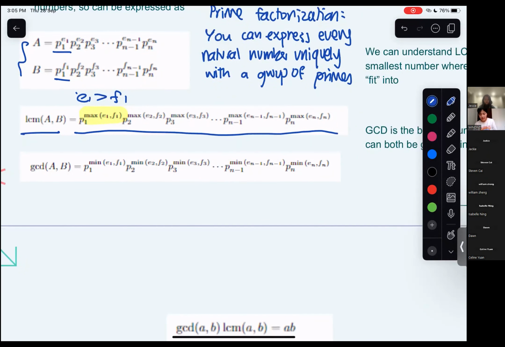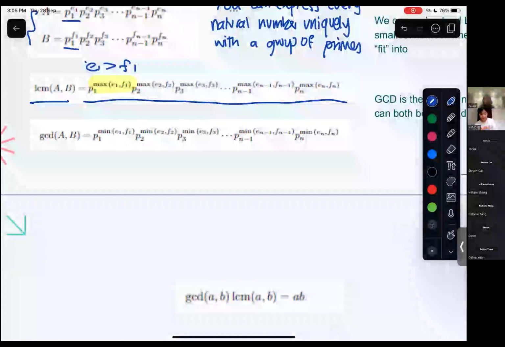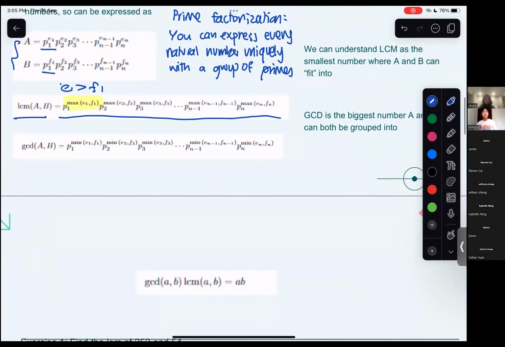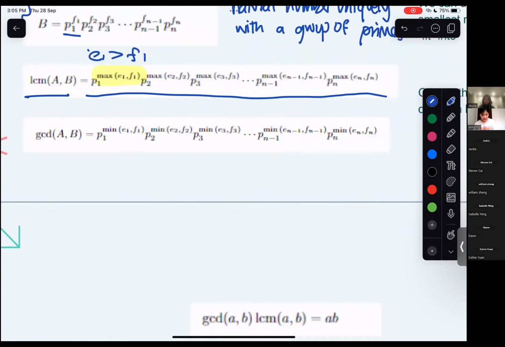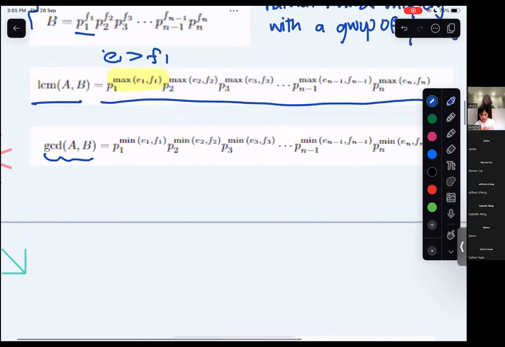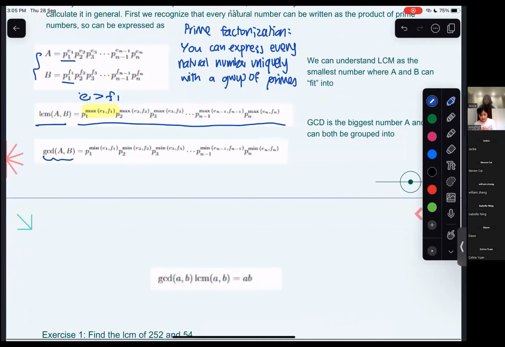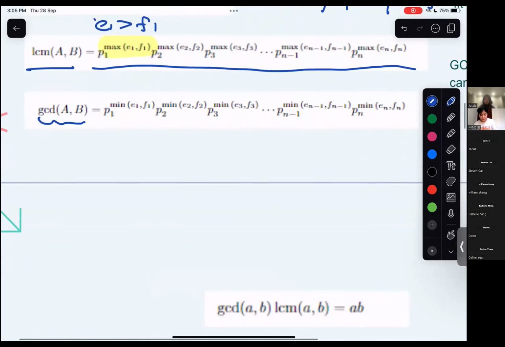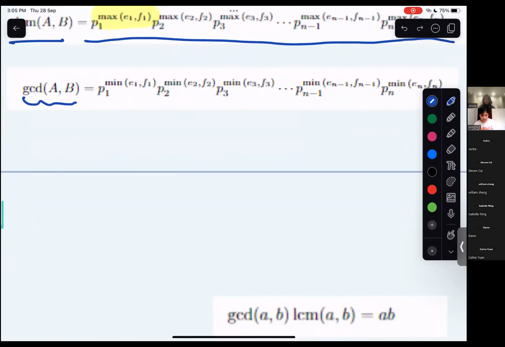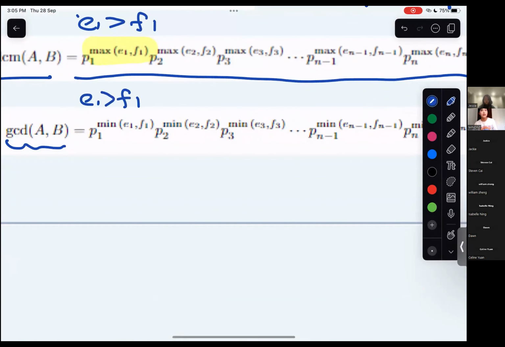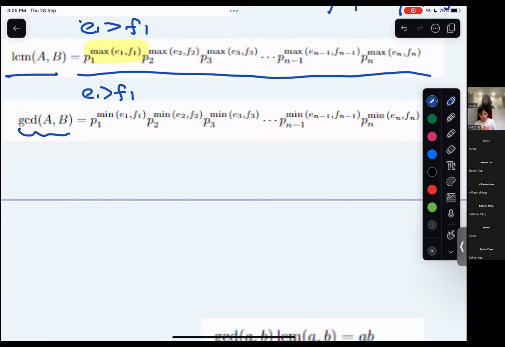So GCD is basically the biggest number that divides into both a and b, right? If we have something smaller than the minimum of e1 and f1 as a GCD, we can always find something bigger that also divides both.